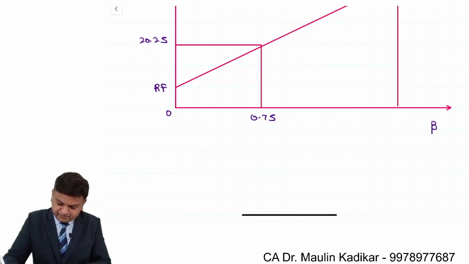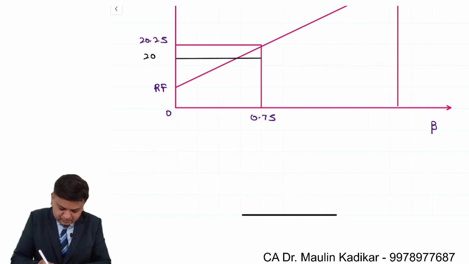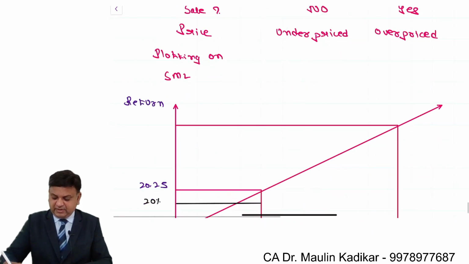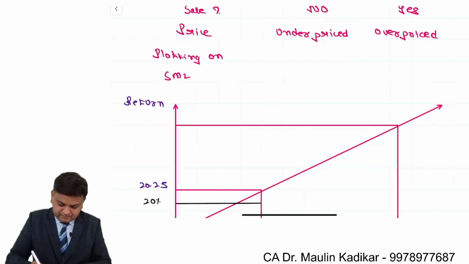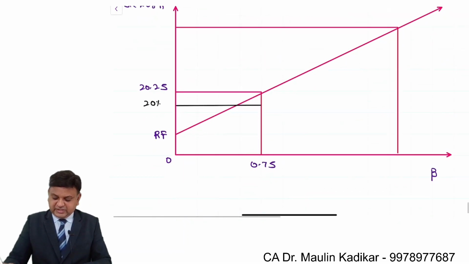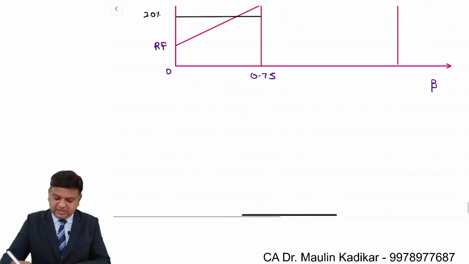So we can say that the 20% is falling somewhere over here. Security B, which is overpriced and you should sell, is plotted below SML, the security market line. As far as security A is concerned, it has a beta of 0.86.